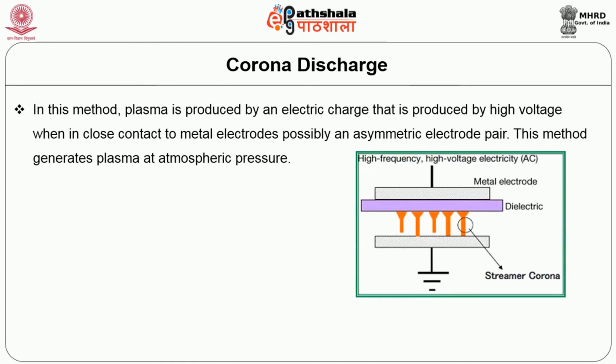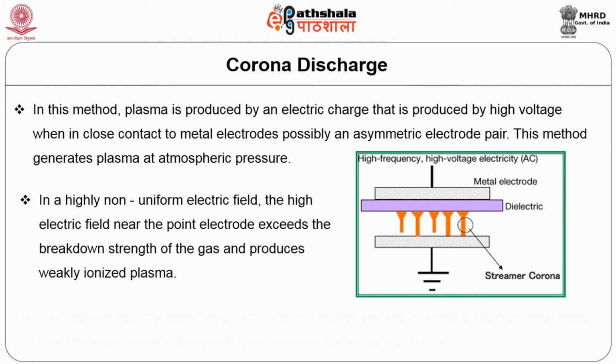In this method, plasma is produced by an electric charge that is produced by high voltage in close contact to metal electrodes, possibly an asymmetric electrode pair. You can visualize this from the given schematic diagram. This method generates plasma at atmospheric pressure.